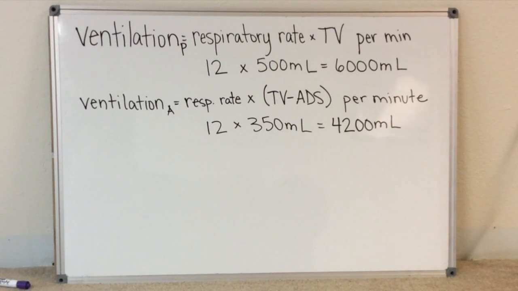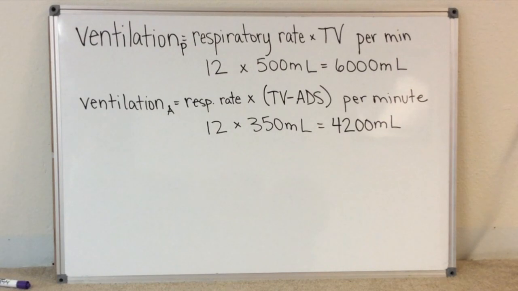However, because of the anatomical dead space, not all of that 6,000 milliliters are available for gas exchange. The amount of air available for gas exchange is known as the alveolar ventilation. Again, this is the amount of air moved in and out of the alveoli per minute.